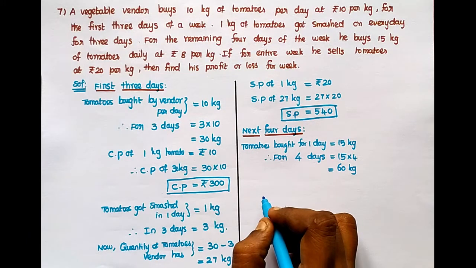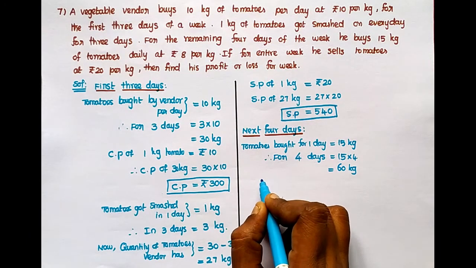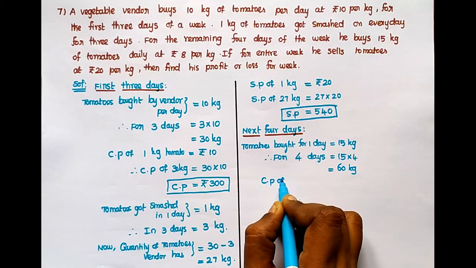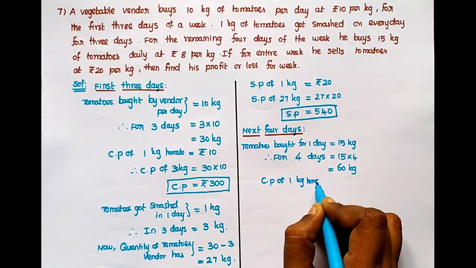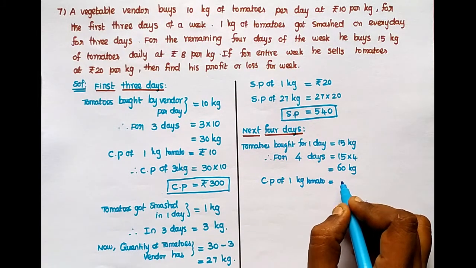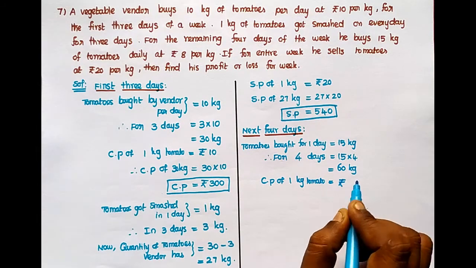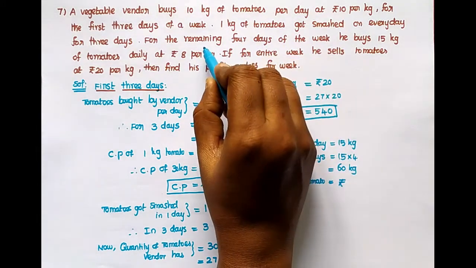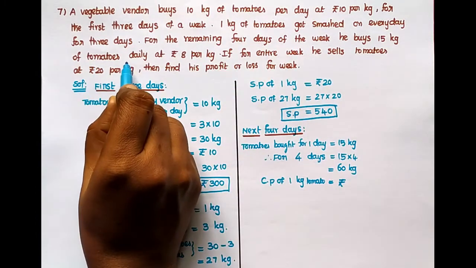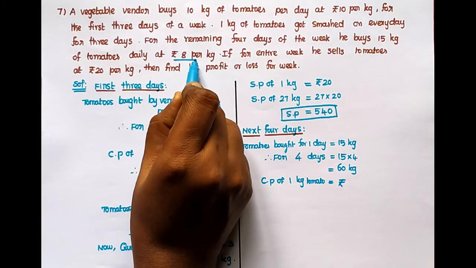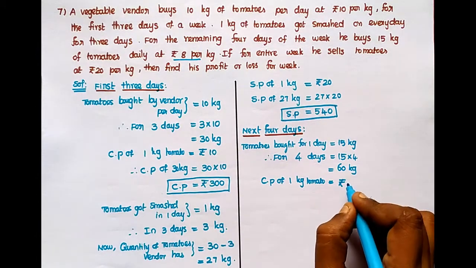Now cost price. Cost price of 1 kilogram tomato equal to, next remaining 4 days he buys 15 kilogram of tomatoes daily at rupees 8 per kilogram. So rupees 8.